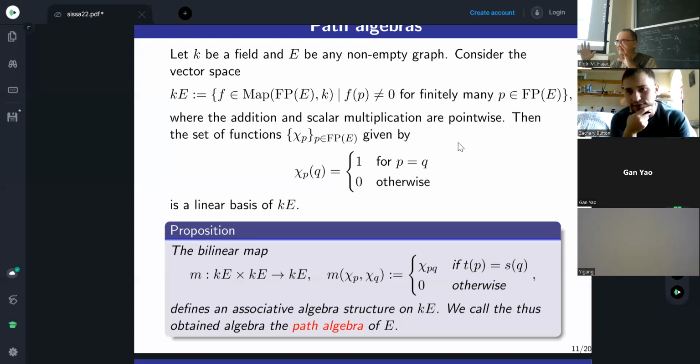There is a definition of a Cartesian product of a k-graph with an l-graph to yield a k plus l graph. And guess what? The tensor product of a higher rank graph algebra of rank k with a higher rank graph algebra of rank l is a higher rank graph algebra of rank k plus l.